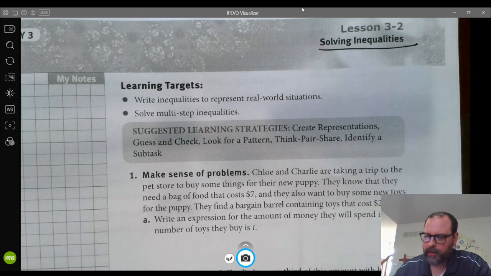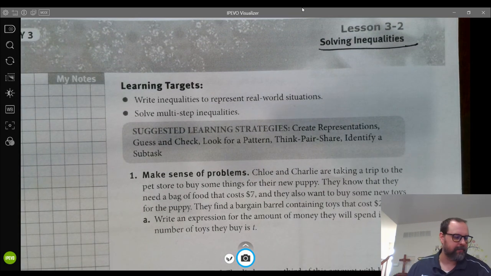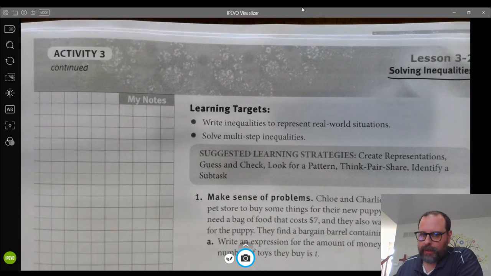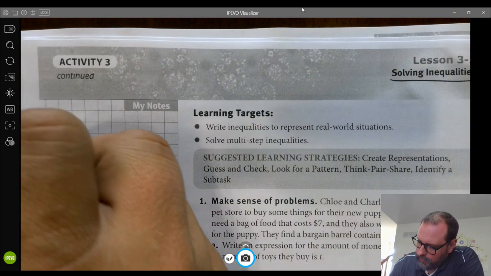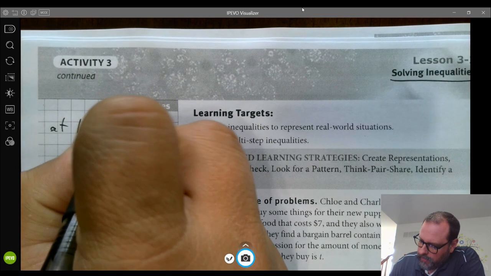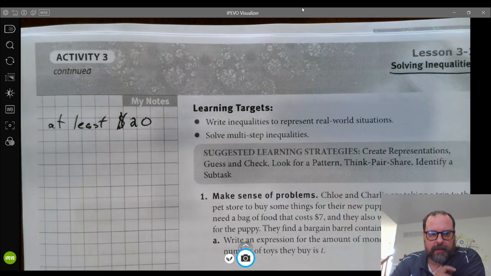So, when we look at this, the first thing I want you to think about is, what would you say if I said I have at least $20? Okay, so I want you to think about that for a second. Pause if you need to.